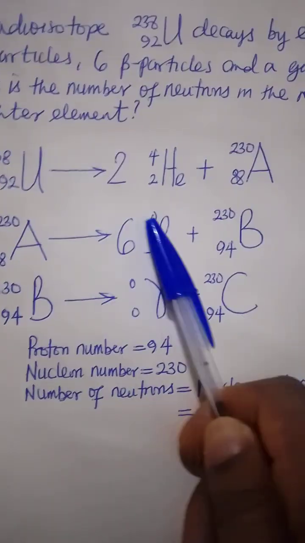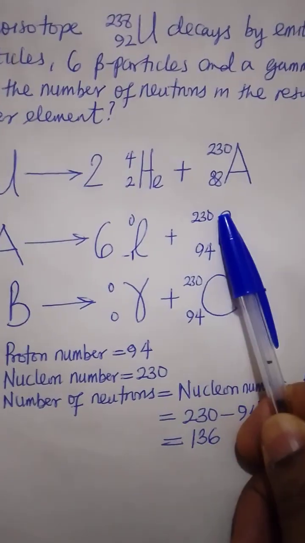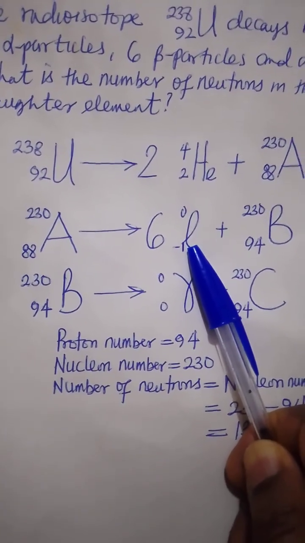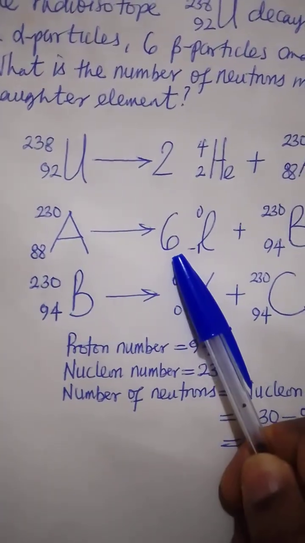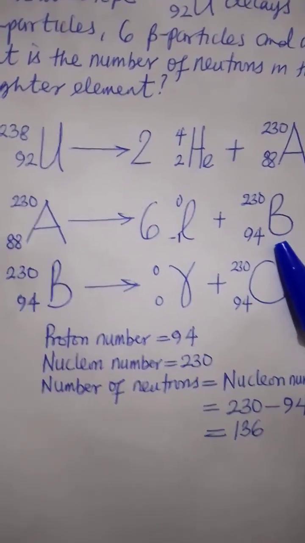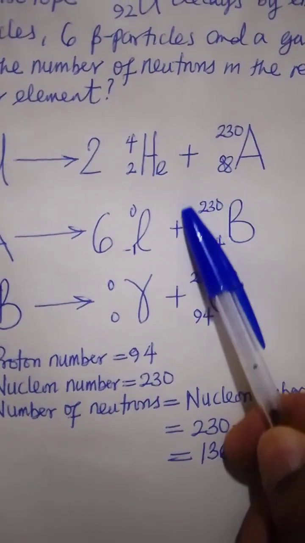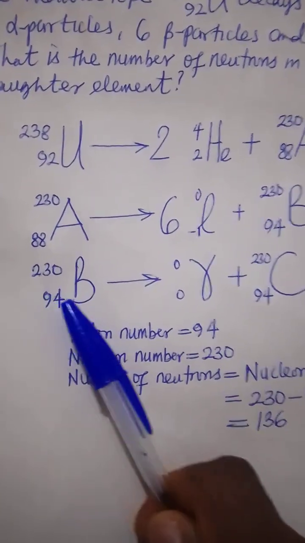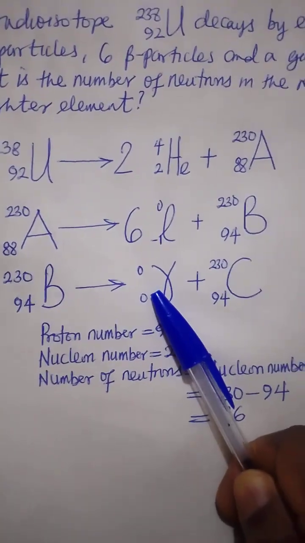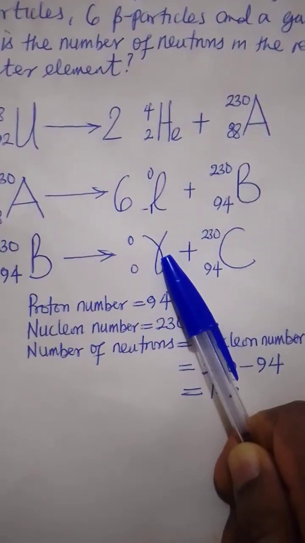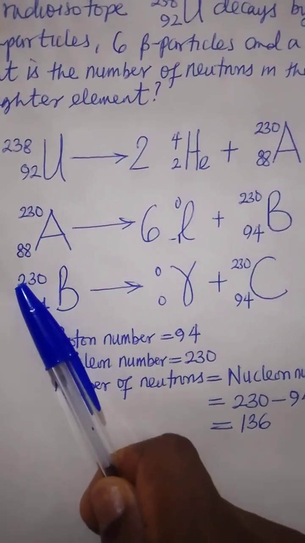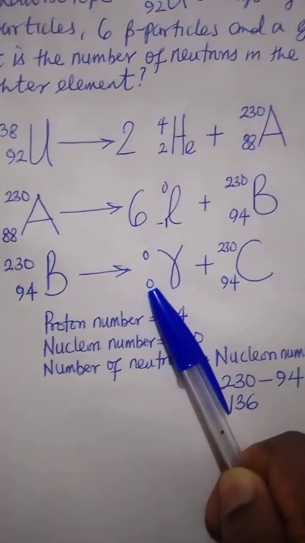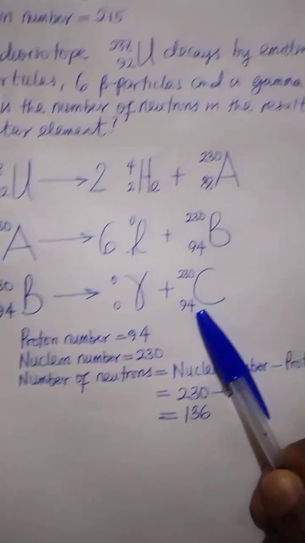So 230 minus 0 is 230. 88 minus minus 6, that's 88 plus 6, that will give us 94. A new daughter element is then transferred to this point, and finally we're told that it emits a gamma ray. This is the symbol for gamma ray. And so we just take 230 minus 0, that gives us 230. 94 minus 0, that gives us 94.